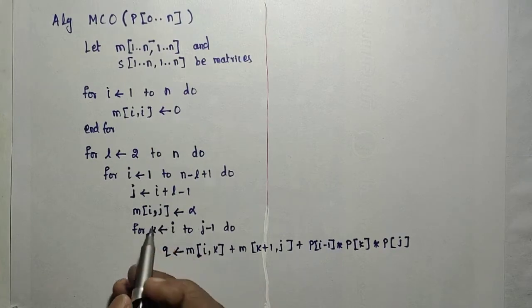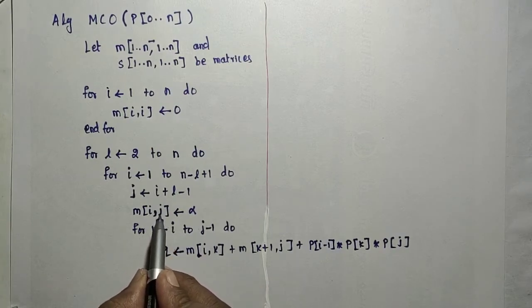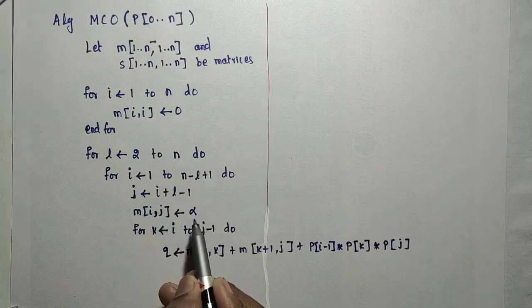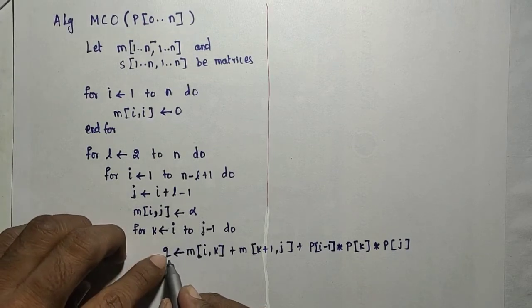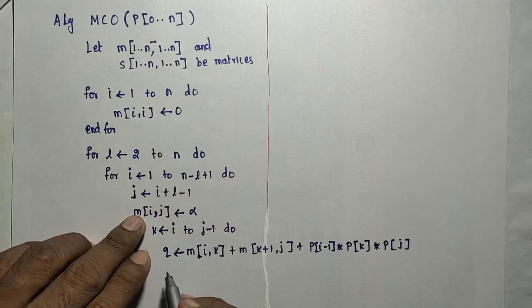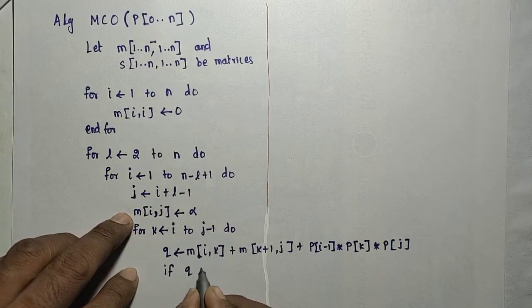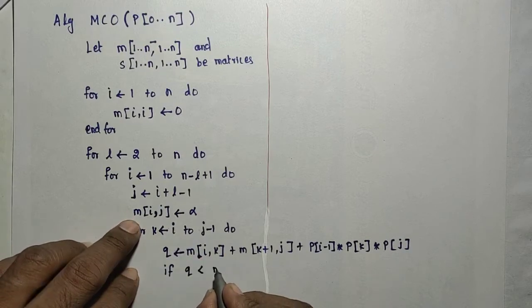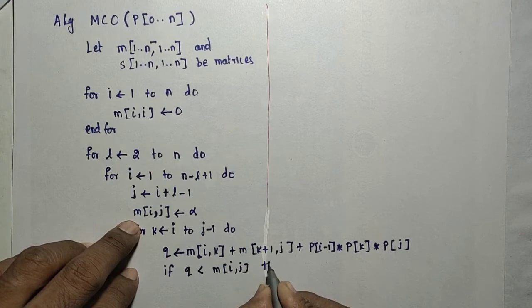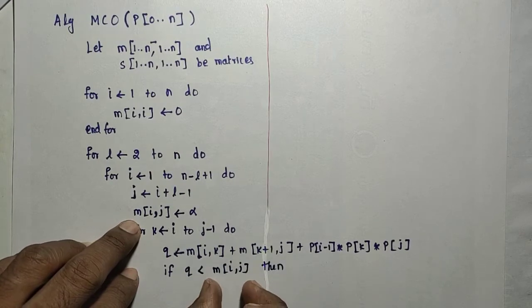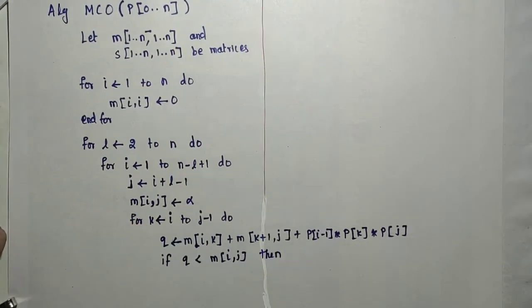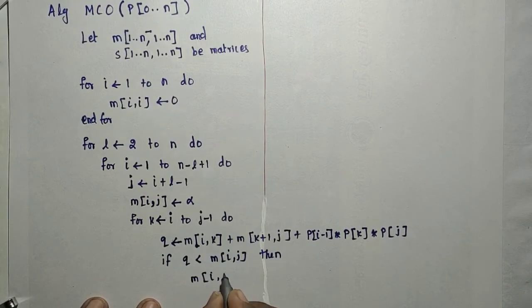Now I need to check. We assumed that m of i comma j minimum is infinity initially. Now if this q is the minimum, we have to update it. So we check if q is less than the existing m of i comma j, then m of i comma j is updated with q.